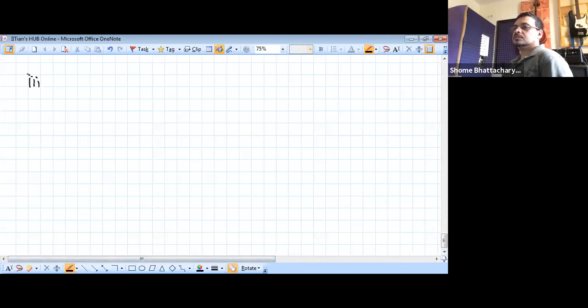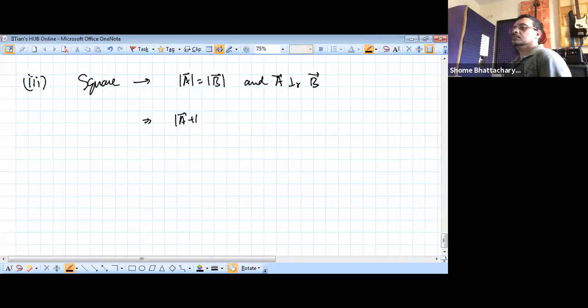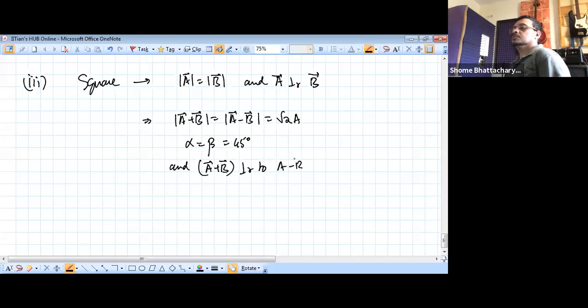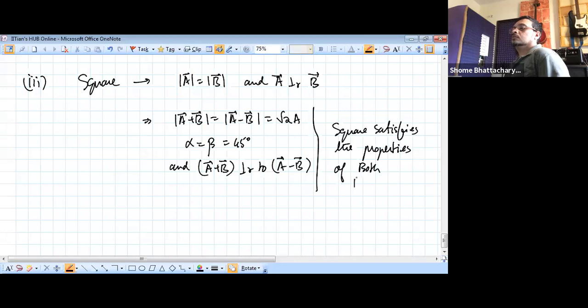Now, also one more thing you should remember is the square, where magnitude of A is equal to magnitude of B, and A is perpendicular to B. In the case of this, what happens is that mod A plus B is equal to mod A minus B is equal to root 2 A. Alpha becomes equal to beta equal to 45 degrees, and A plus B is perpendicular to A minus B, because a square satisfies the properties of both rhombus and rectangle.